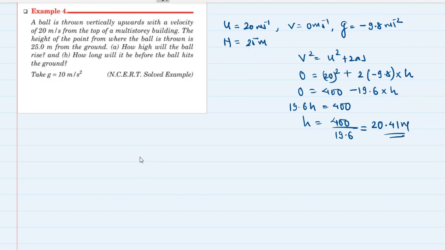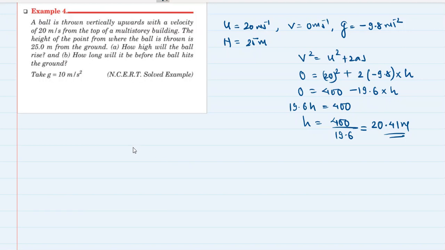So to find the time, can we say v is equal to u plus at? V is the final velocity just before it hits the ground, I think. No, we don't know that. Hmm, v is equal to u plus at, h is equal to ut plus half at square, or v square is equal to u square plus 2as.